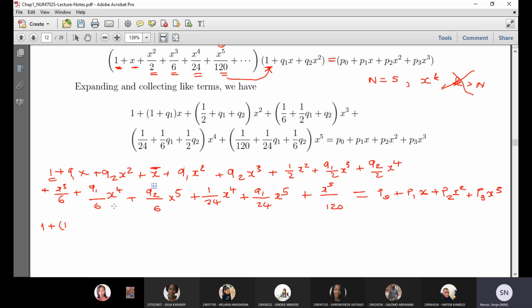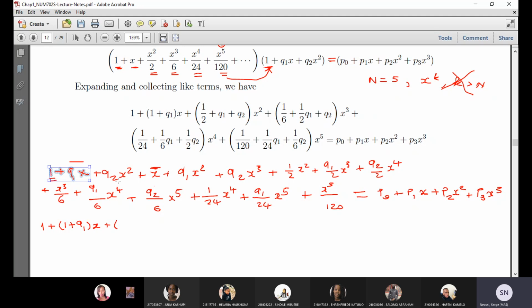So it will be 1. And then I have this one, q1x. So the coefficient is q1. Now, do we have another coefficient of x? No. These are the only terms in x, right? The other ones are greater than x. So I factor by x.